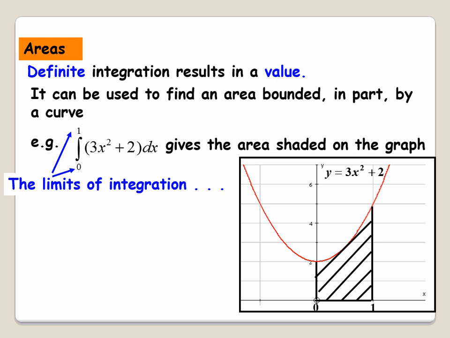You've seen an integral before. You know how to take the integral. But now we have limits of integration that tell you what interval we are finding the area under the curve for, right?